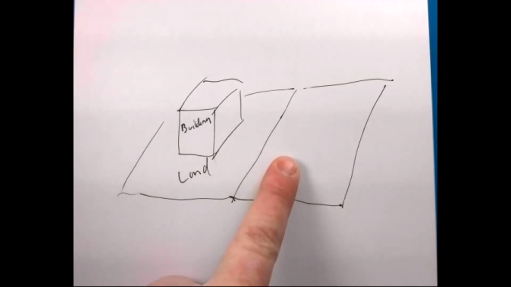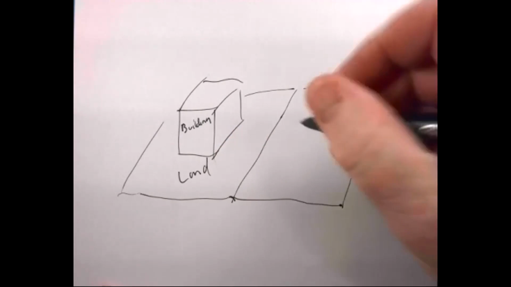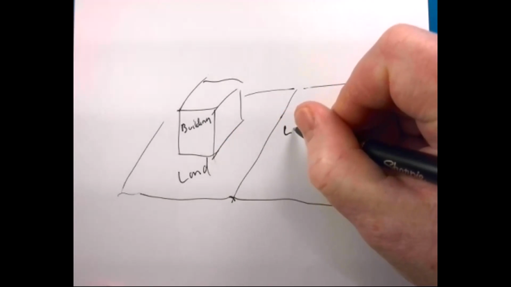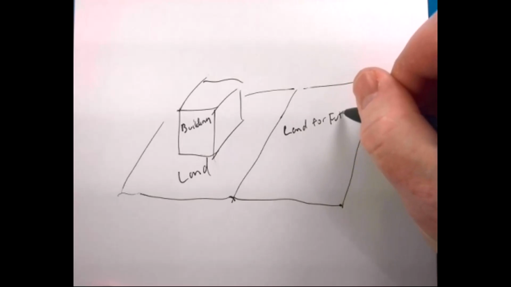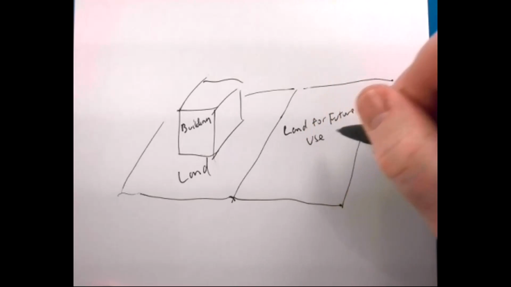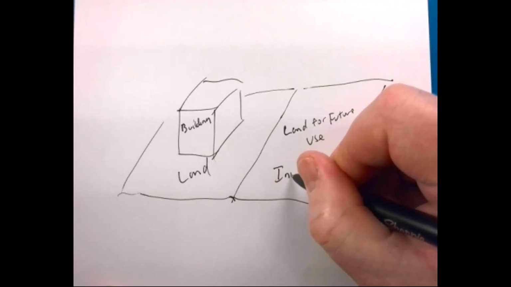Maybe we might grow and we might need that property next door, so I'll go ahead and buy it. So this is land for future use. And this will be an investment.